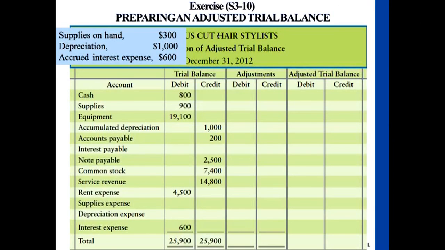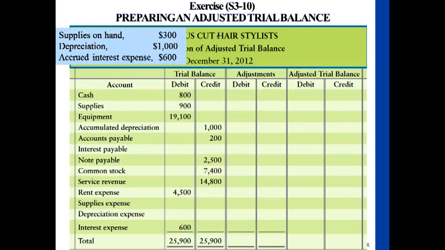Okay, now for supplies adjustments here, if it tells you that there's supplies on hand $300 and originally you see supplies under the debit side $900, then that means in the middle of this year, we have actually used $600 for supplies. Okay, so for all the three entries here, really the tricky one here is supplies. Supplies tells you what's the leftover that you have now.